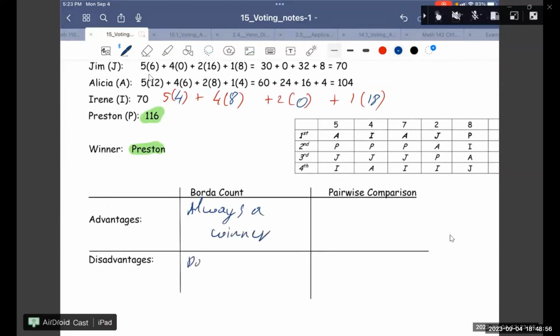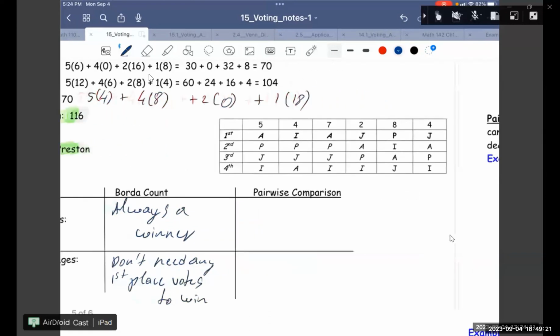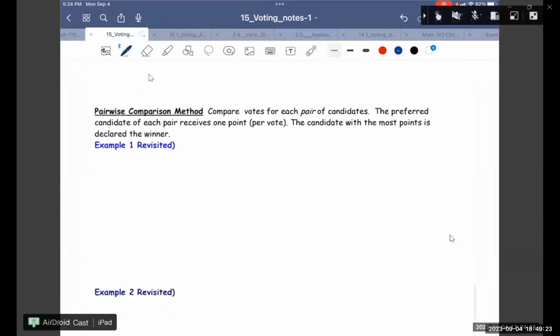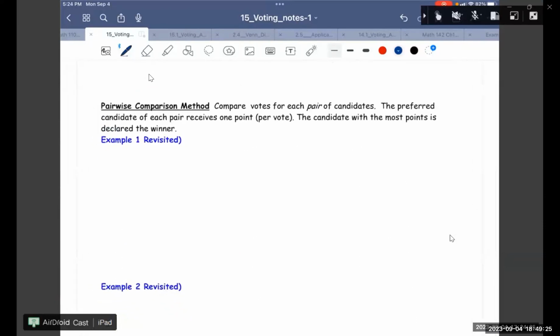And this one doesn't need any first place vote to win. Okay. So now for another method.